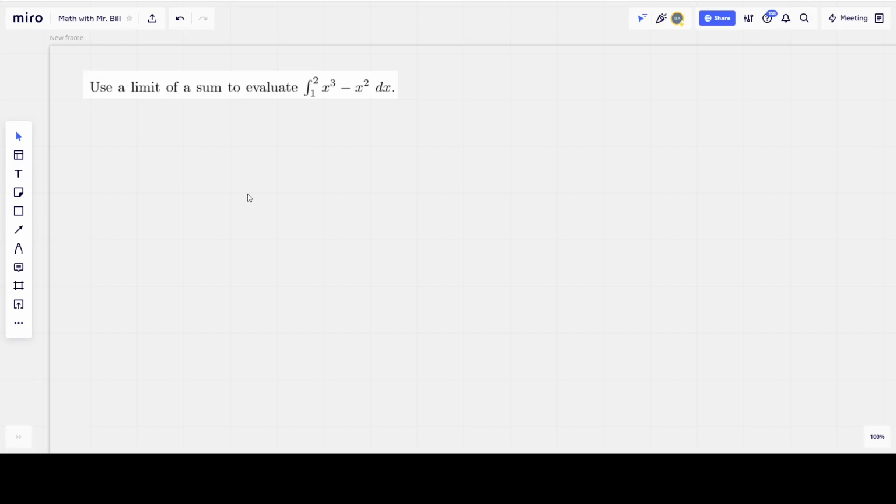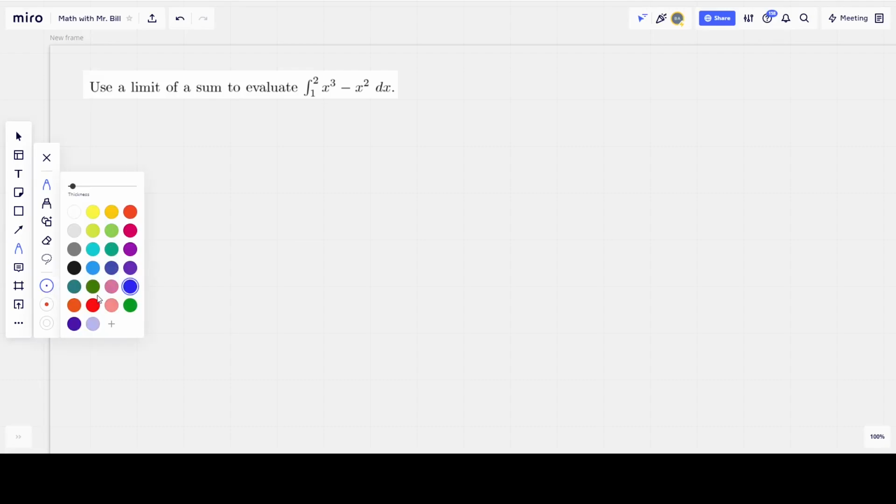One of the ways to define an integral, one of the ways to define the Riemann integral. So, first thing we want to do is write up what the limit of this sum that we're going to be finding.